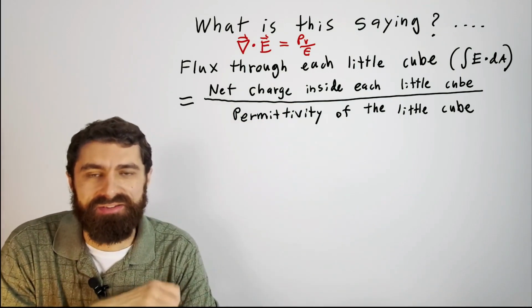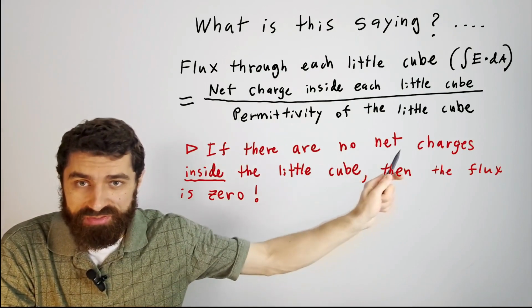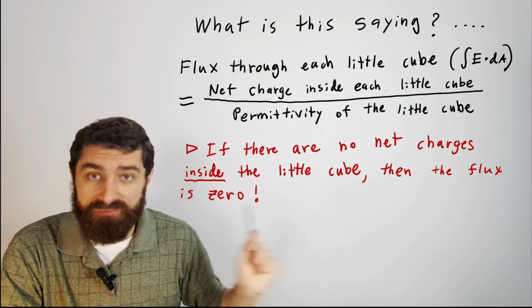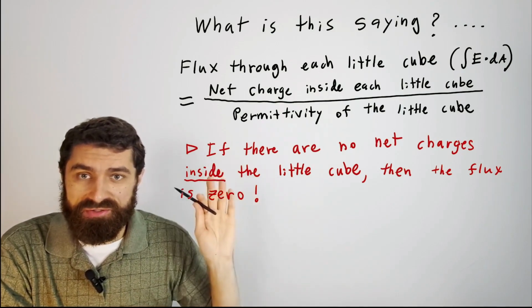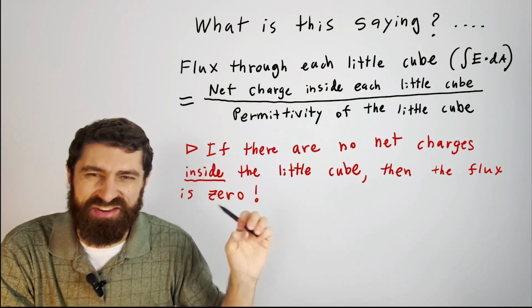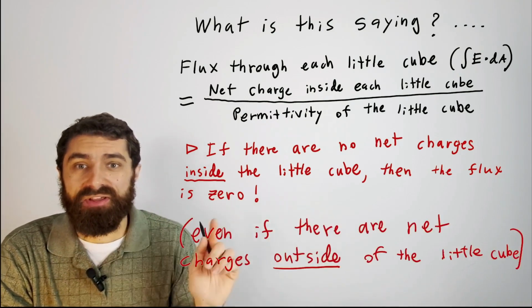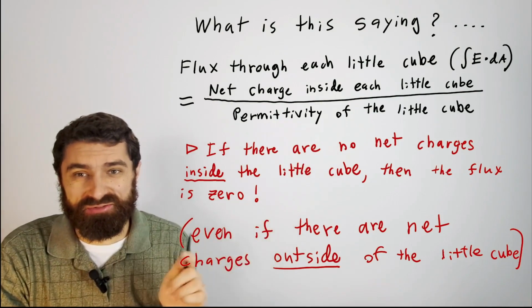What this is saying is that if there are no net charges inside the little cube, then the flux is 0. There's no flux if there is nothing inside the little cube. And that's even if there are net charges on the outside of the little cube.